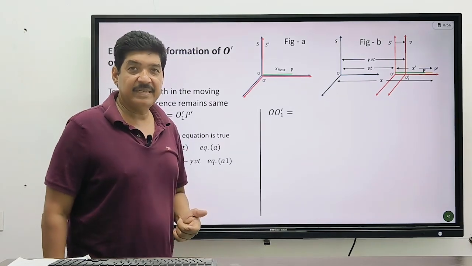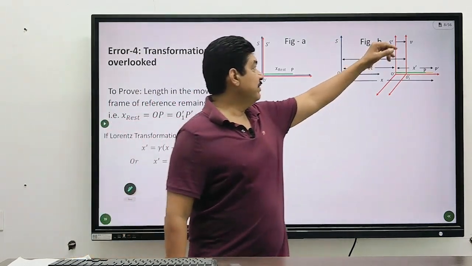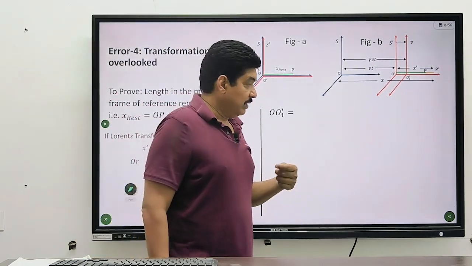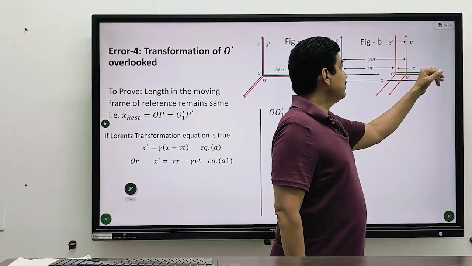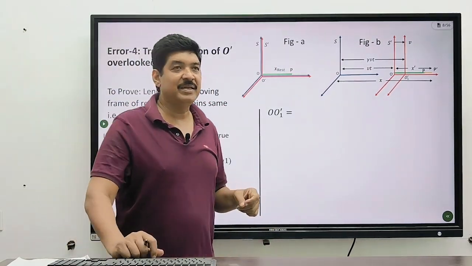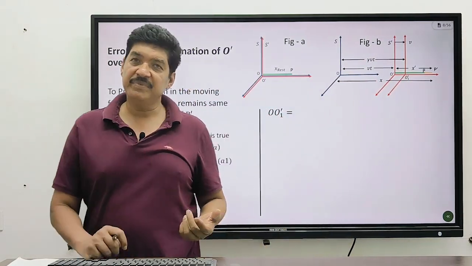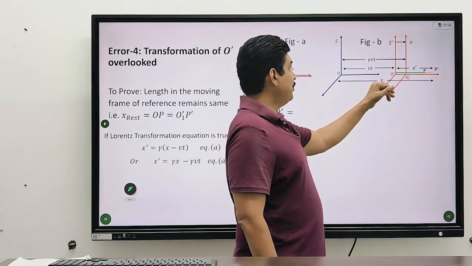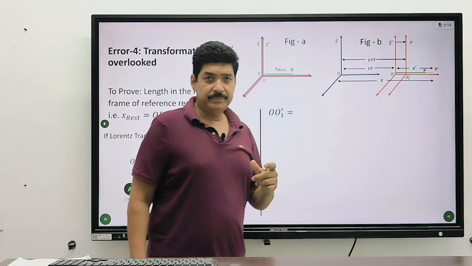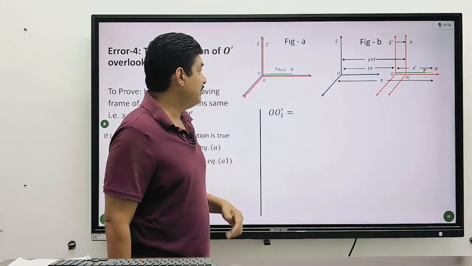But they have neglected that any point on the moving frame of reference will also be transformed equal to the transformation of PP prime, because any frame of reference will also be the locus of points in the frame of reference. That means that O prime and O1 prime will also be transformed equal to PP prime. So they have neglected it.